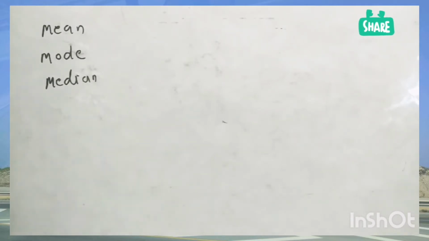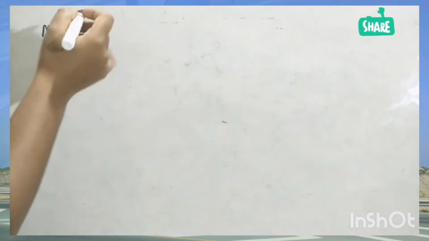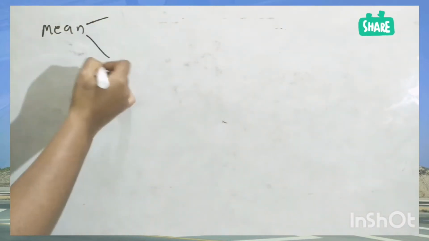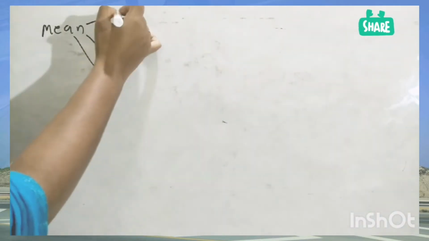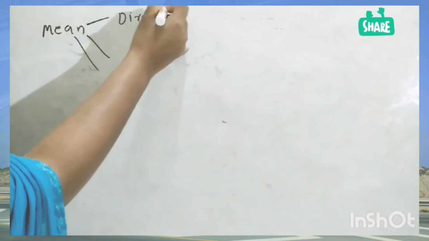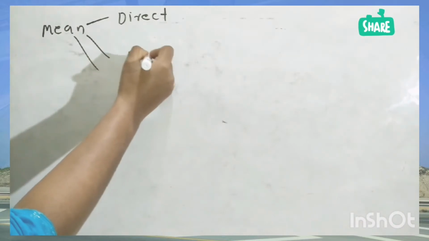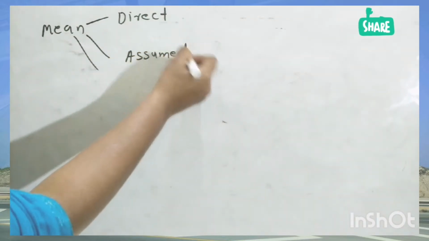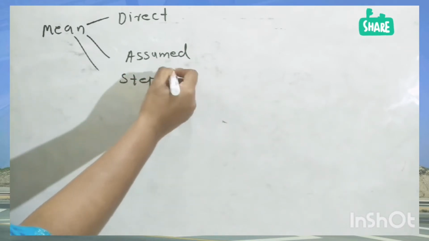So the first one is mean. To calculate mean, we have three different methods. The first one is direct method, the second one is assumed mean method, and the third one is step deviation method.